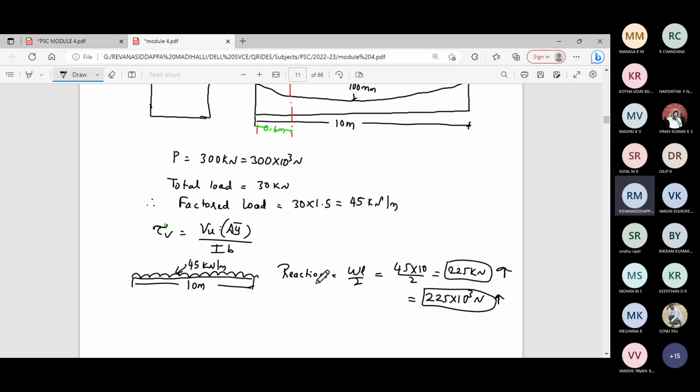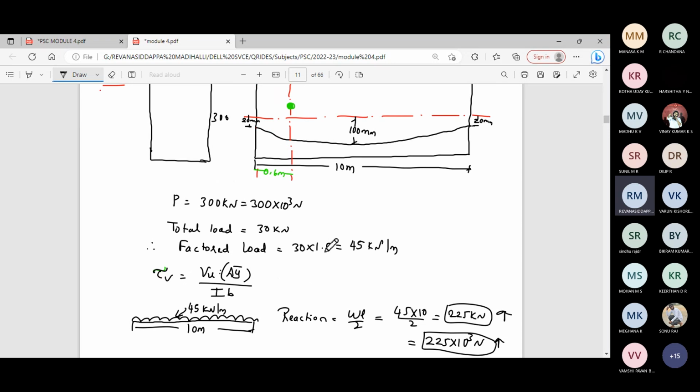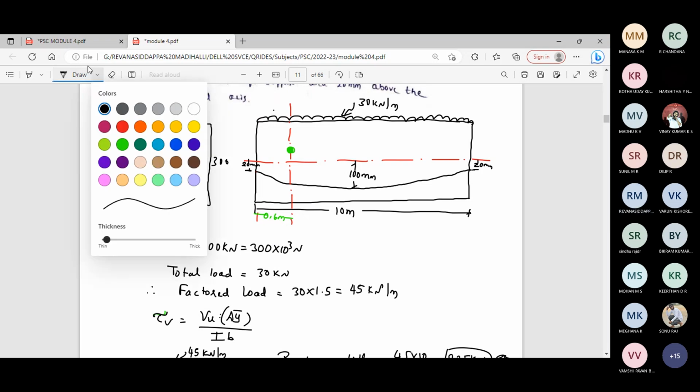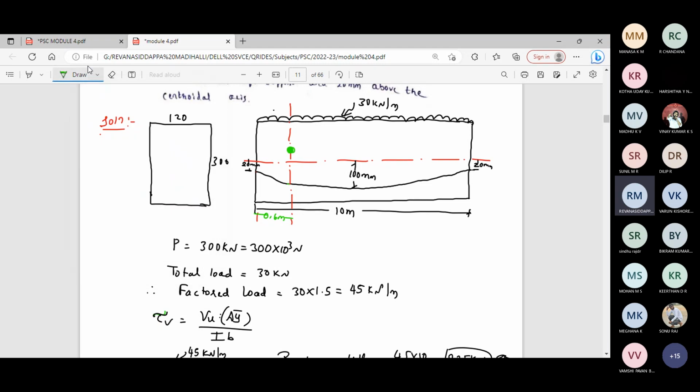It is asked to find the principal tension at a distance of 0.6 meter from the left support. So at this point the pre-stressing force will be there. We need to find its vertical component at a distance of 0.6 meter from the left support, not at the extreme edge of the support. So for that, the calculation is different.